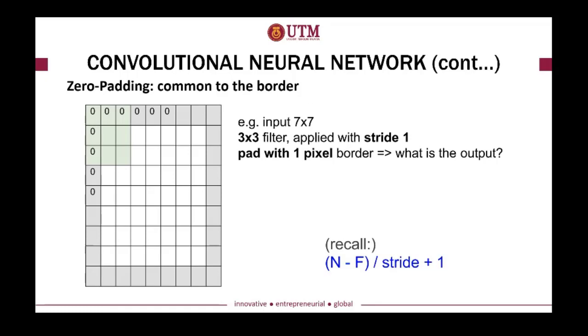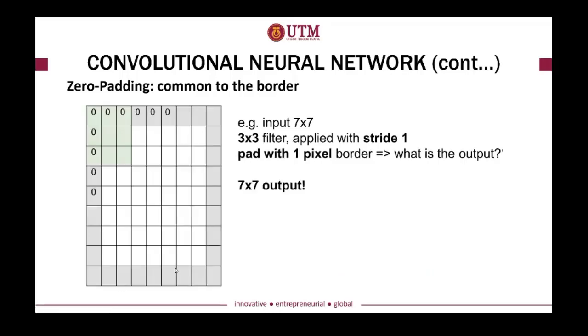As you can see, again we talk about our input matrix which is 7 times 7. We ignore the depth size, then we have a 3 times 3 filter with stride equal to 1, and then you have a padding with a 1 pixel border, meaning that you put a 0. I already discussed this in the previous example.